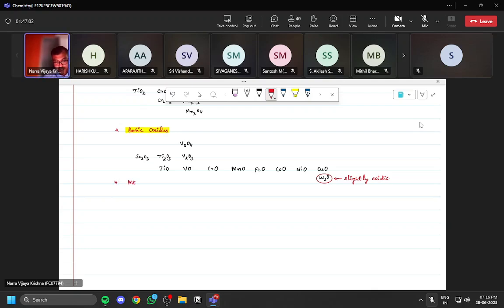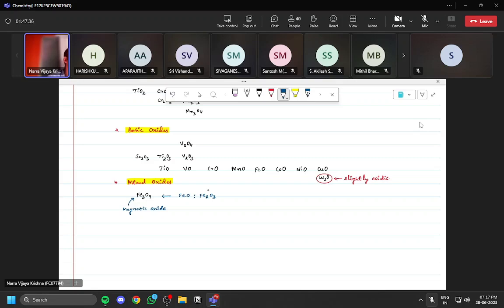What are mixed oxides? Just now we have seen. Two different oxidation states. Example, I am taking Fe3O4. What do we call it? Magnetic oxide. This is a combination of FeO and Fe2O3.